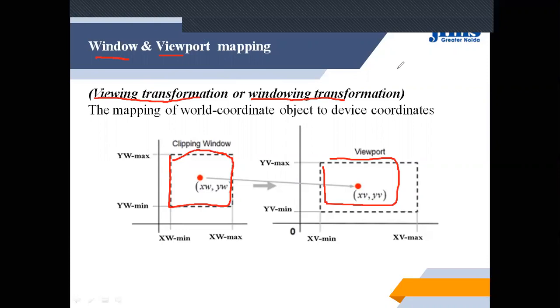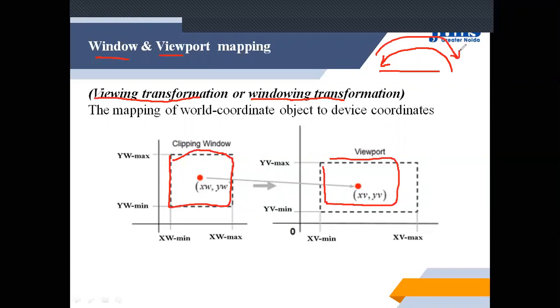Sometimes there are questions like this, that we have to map a window to viewport or viewport to window. So there can be both types of questions.